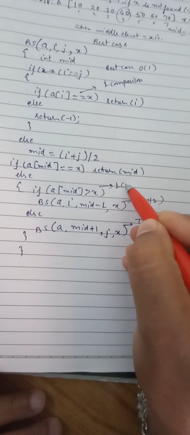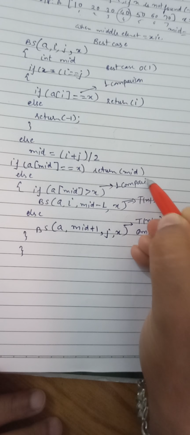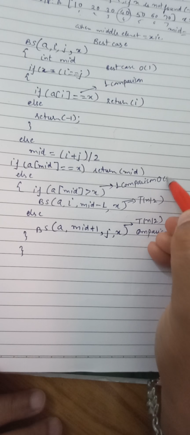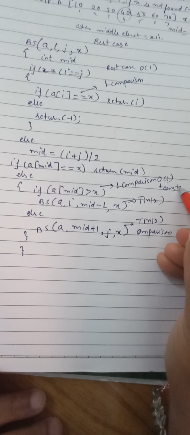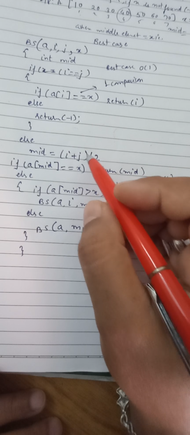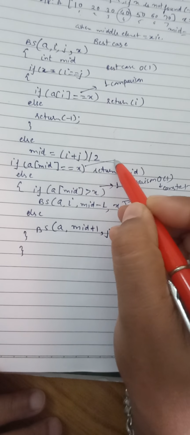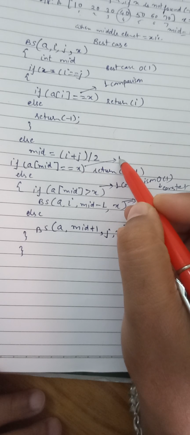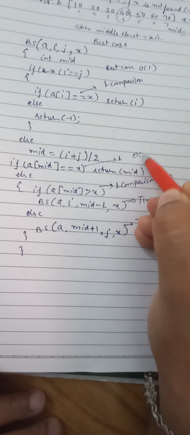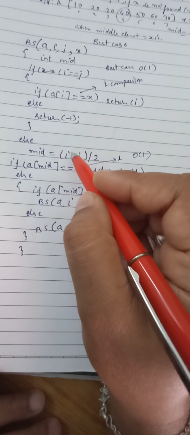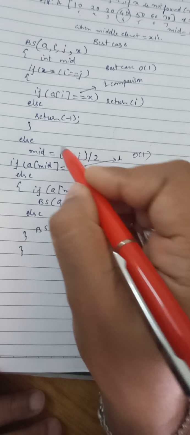It is only one comparison, so order of 1, that is, we can say constant. Here also we can say one comparison, so order of 1, and here what we are doing is just dividing it.